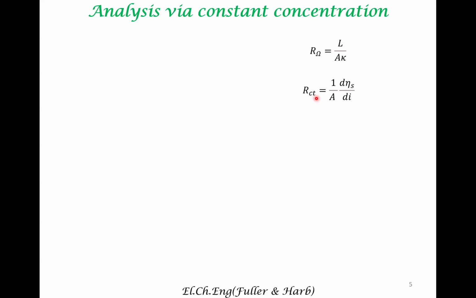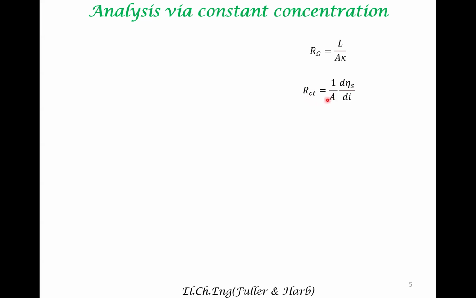Any resistance is because of an activation barrier that exists for that process. And both ohmic drop, that is ionic motion in the electrolyte, as well as charge transfer across the electrode-electrolyte interface involve activation barriers. Therefore, you may associate a resistance with that.